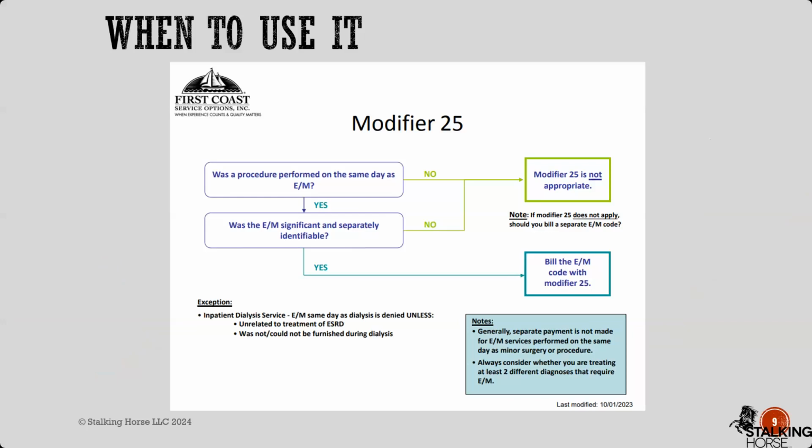I used an example earlier of me being a new patient and needing an injection in my knee. Let's take that same scenario, but let's say that I'm an established patient this time. This gets very tricky, especially in orthopedics, because if I'm an established patient and this condition is known and has been discussed and I'm coming in for this injection, ordinarily an E&M and the injection would not be covered, because the pre-procedural work done in determining if I would need that injection is included in the payment for the injection.